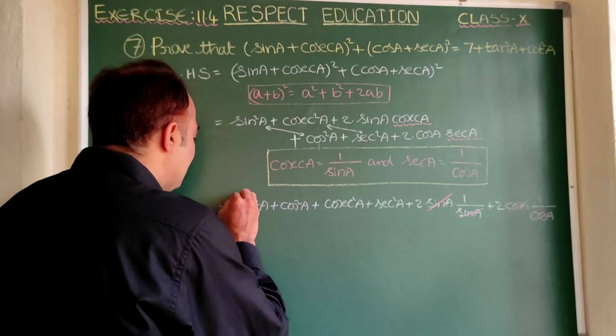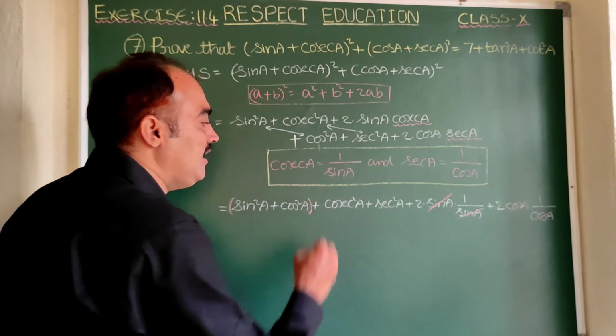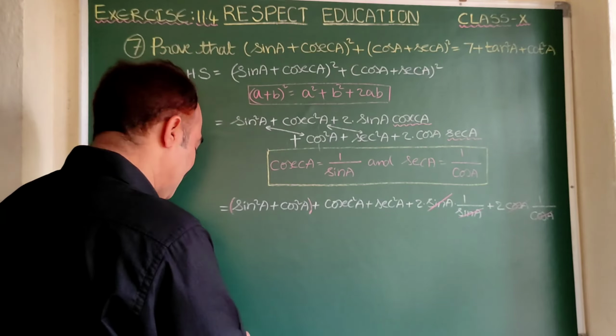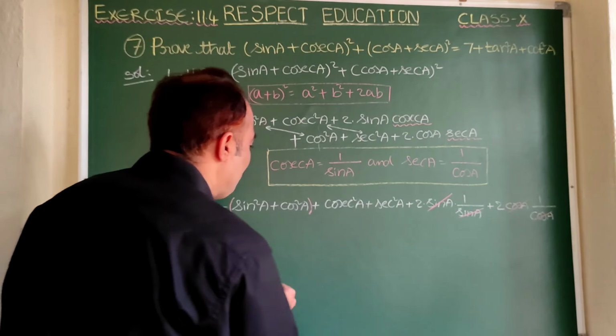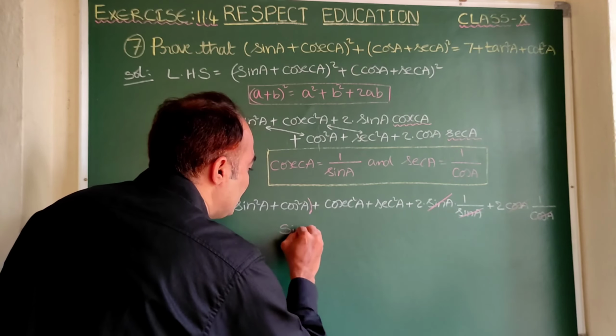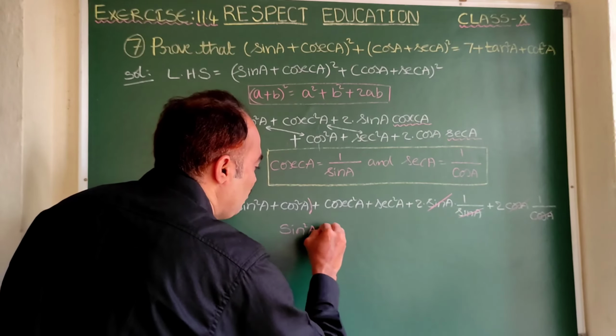Now here sin square a plus cos square a, we have a formula, that is 1. Let us write the suitable formulas here. So we know that sin square a plus cos square a is equal to 1. Clear?